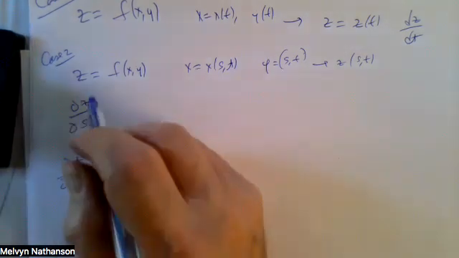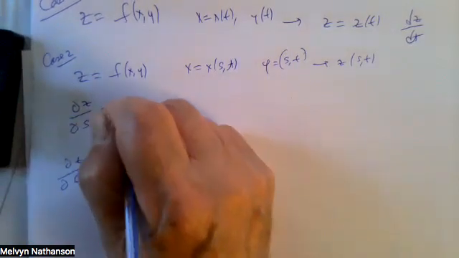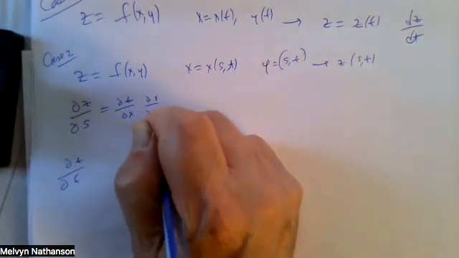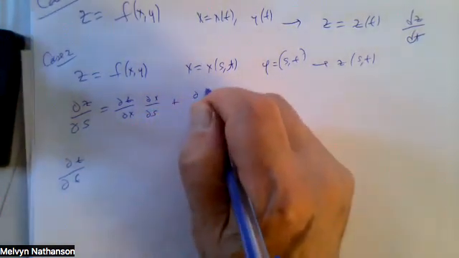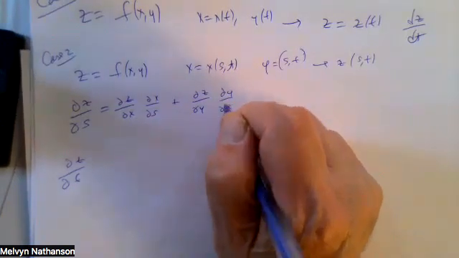And the chain rule says the following: the partial of z with respect to s is the partial of z with respect to x times the partial of x with respect to s, plus the partial of z with respect to y times the partial of y with respect to s.